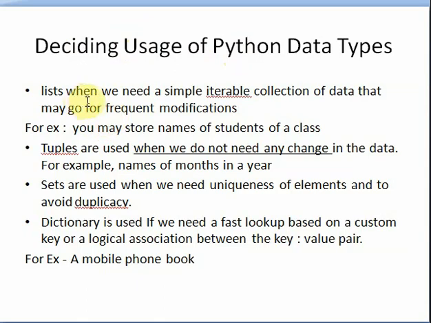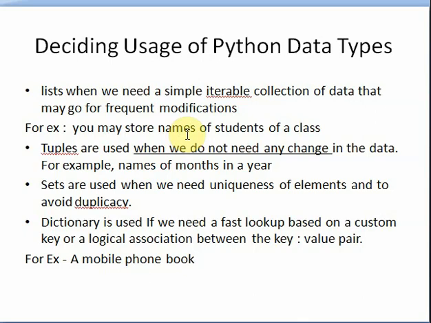So, lists, when we need a simple iterable collection of data that may go frequent modifications, list is the data type you can choose when you need number of modifications. Means, for example, see, you may store name of students of a class. Why you can store name of student in a class in a list?